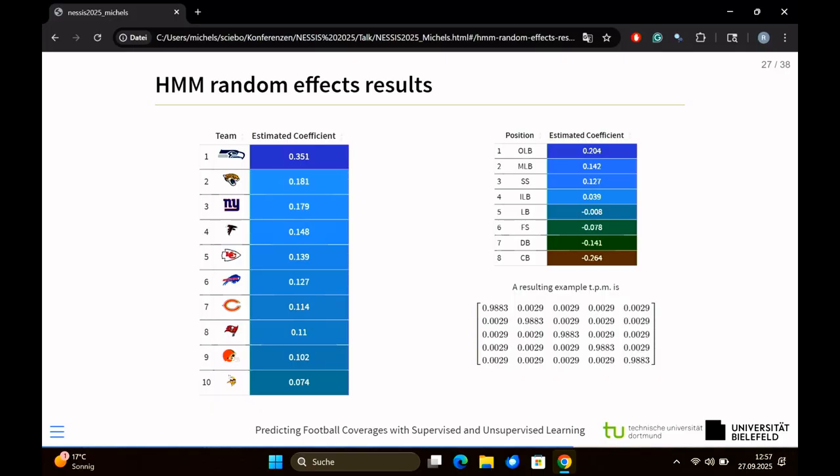Mm-hmm. So that means that they are most unlikely to switch between offensive players, which is an indication for zone coverage. Oh, so that's just the amount of plays that they play zone, or you would predict them to play zone? It's the random effect, which is assigned to the Seahawks.